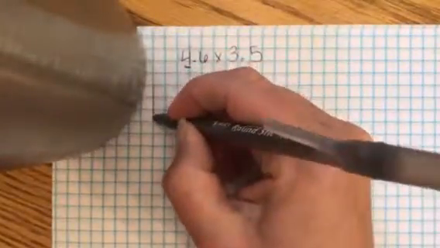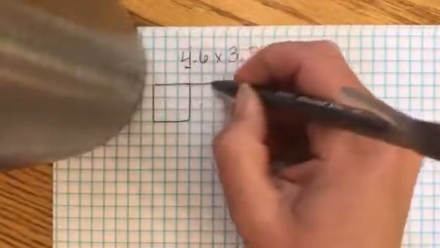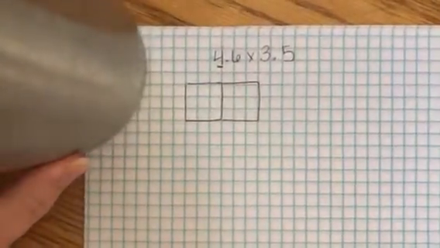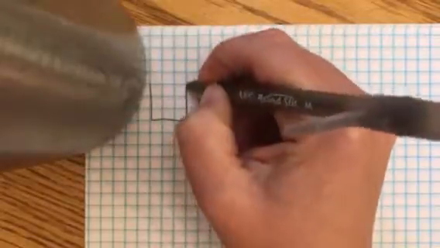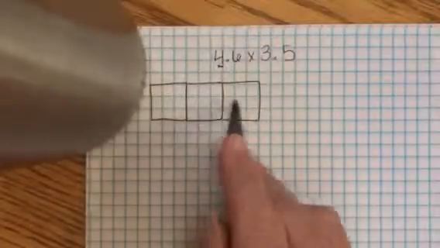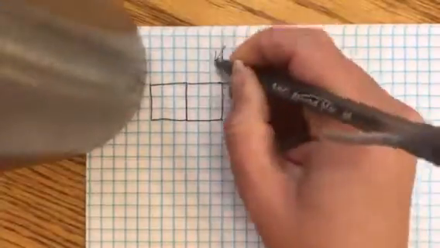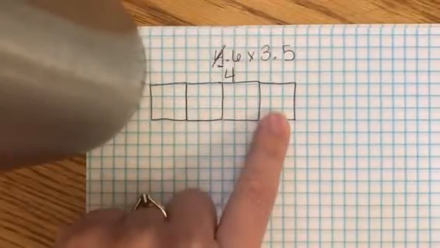So I'm going to draw 1, 2, actually I'm going to move my paper over a little bit just so I can fit more of them in. Okay, so I have 3 holes. I need one more. 4 holes. And I'm going to label it. I drew 4 holes going across. 1, 2, 3, 4.